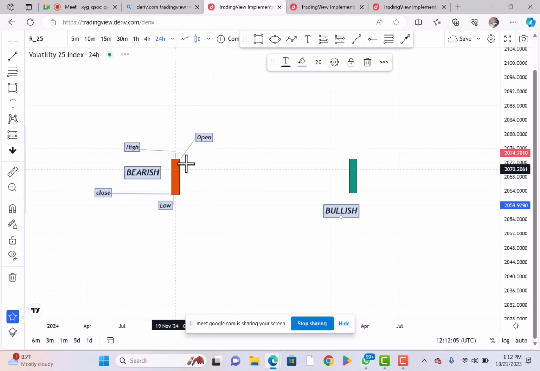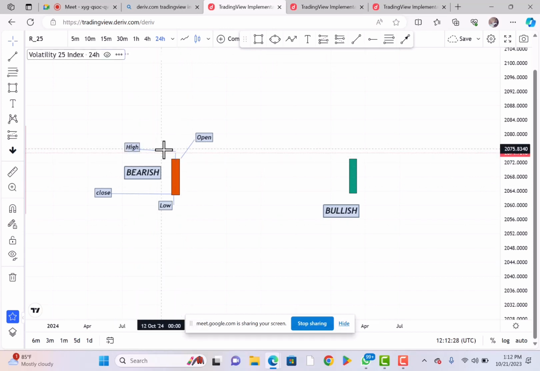And I was trying to explain that immediately the market opened at this particular price level, the buyers, which are the bulls, came in and pushed price to this high point, known as the high.